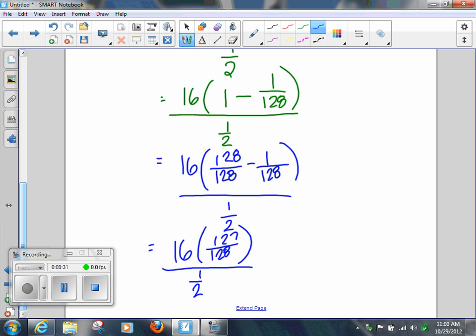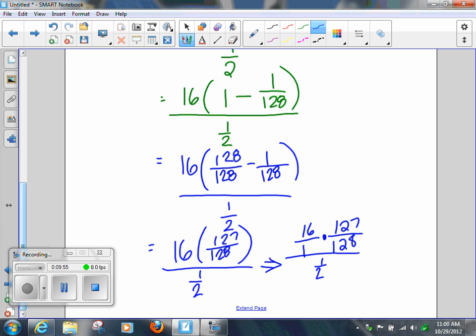Okay. Now, just for my own, because y'all know how I am about showing all my steps, I would have to put 16 over 1 times 127 over 128 over 1/2. Just for my own personal, I got to make sure all my steps are right because I'm kind of crazy that way.